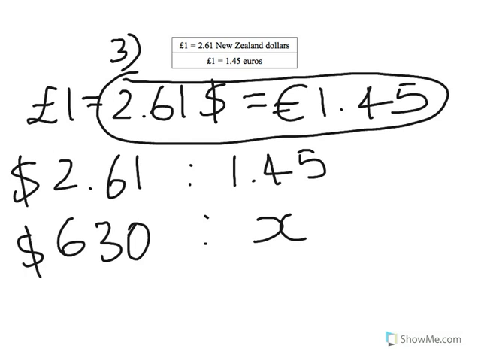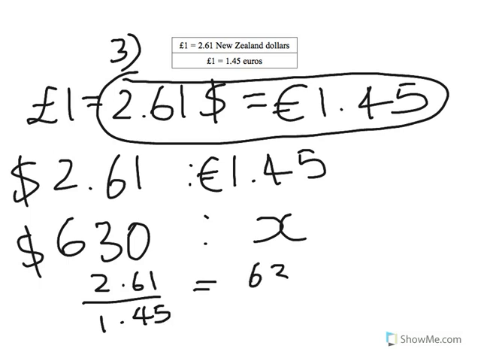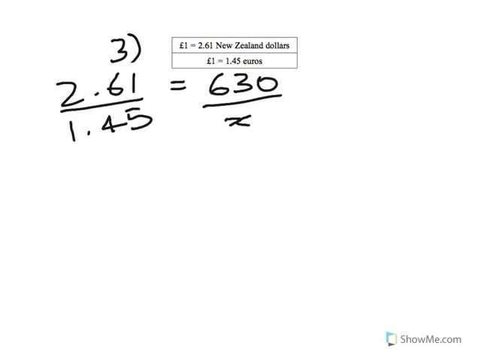These two dots, remember, are ratios, and I'll just put the signs here. Now putting this in algebraic form, it simplifies to 2.61 divided by 1.45 is equal to 630 divided by x. This is because, since they're two different currencies, they can be compared directly and related. So now I'll go through this. Multiply both sides by x, and basically all you're doing is solving for x.